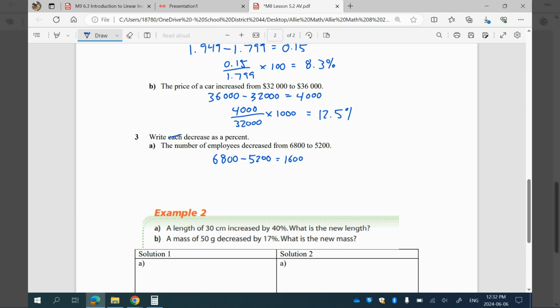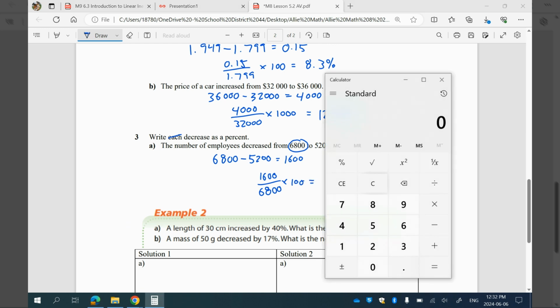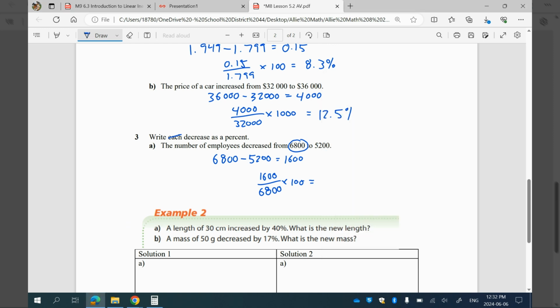And it decreases from this to this. So we have our change, 1,600, over the original 6,800, times 100. 1,600 divided by 6,800 times 100 equals a 23.5% decrease.